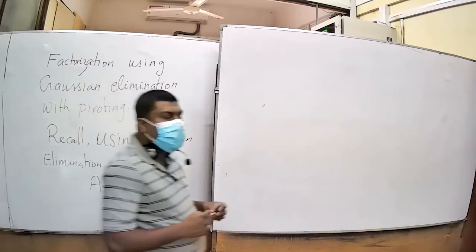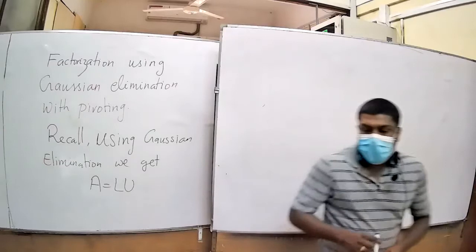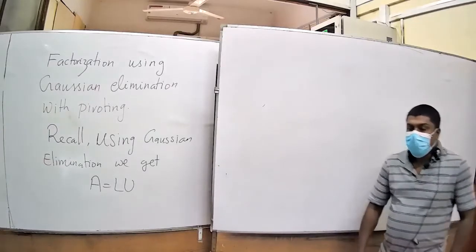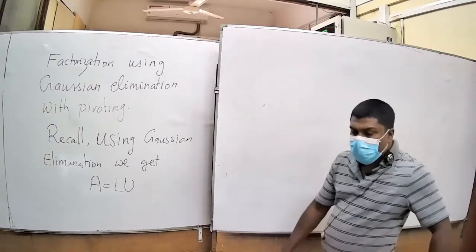By using Gaussian elimination, you know that we got a factorization A is equal to LU.